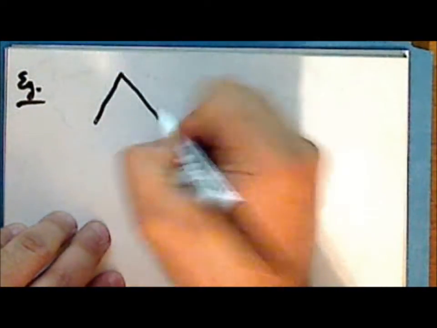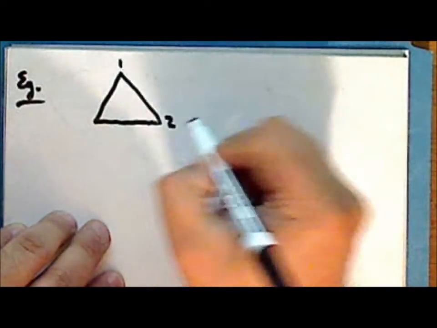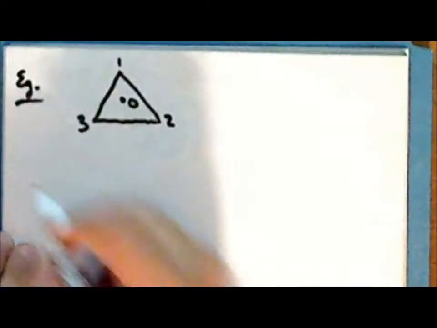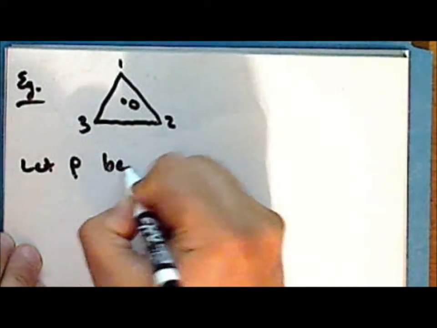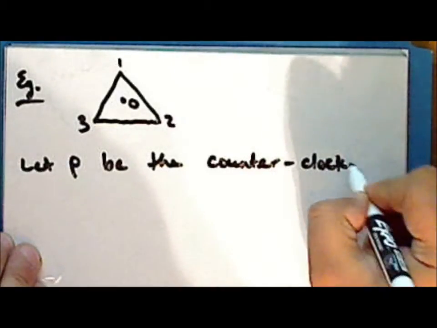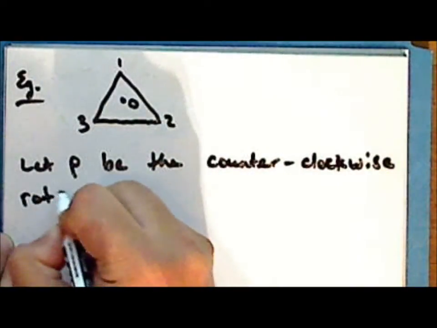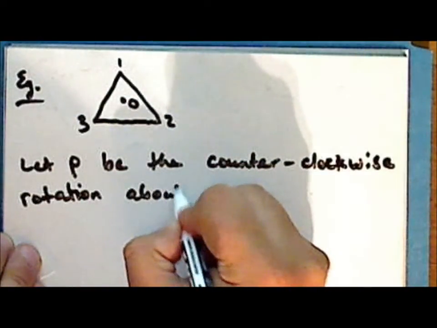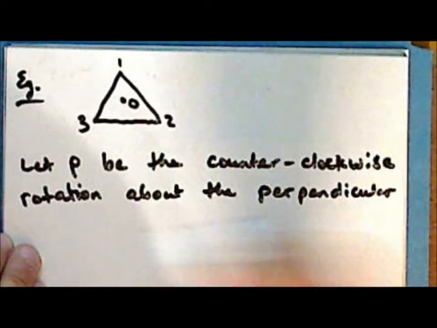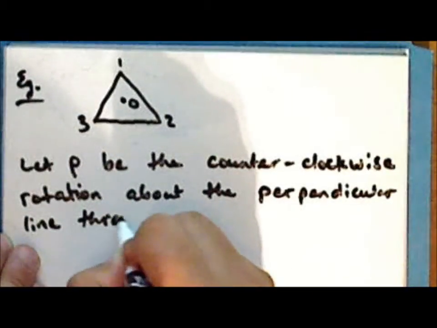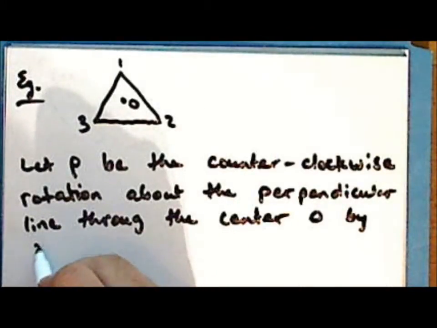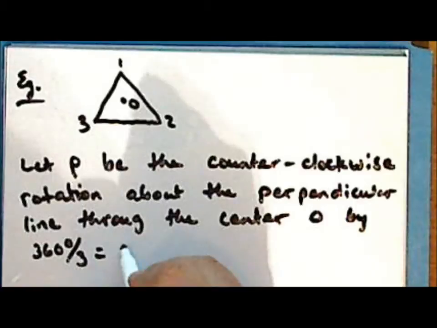So for an equilateral triangle with vertices 1, 2, and 3, and center O, let rho be the counterclockwise rotation about the perpendicular line through the center O by 360 degrees divided by 3, or 120 degrees.